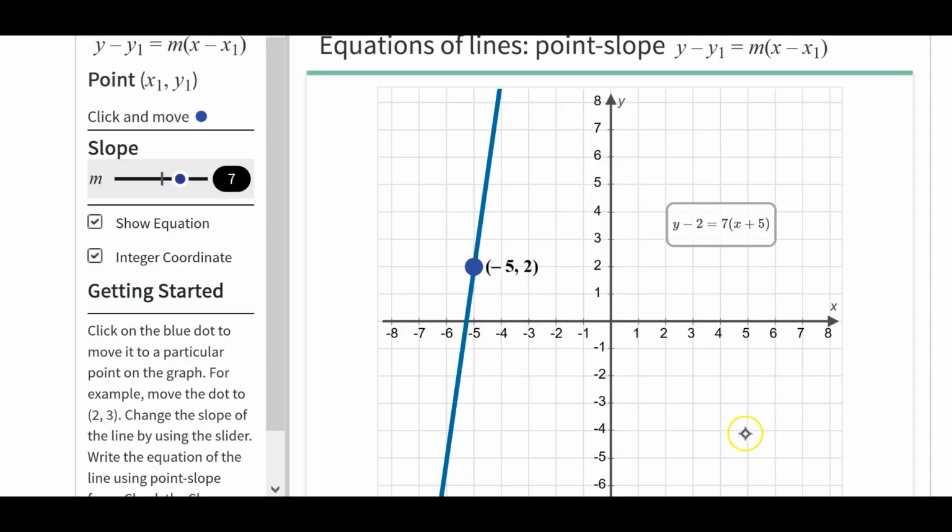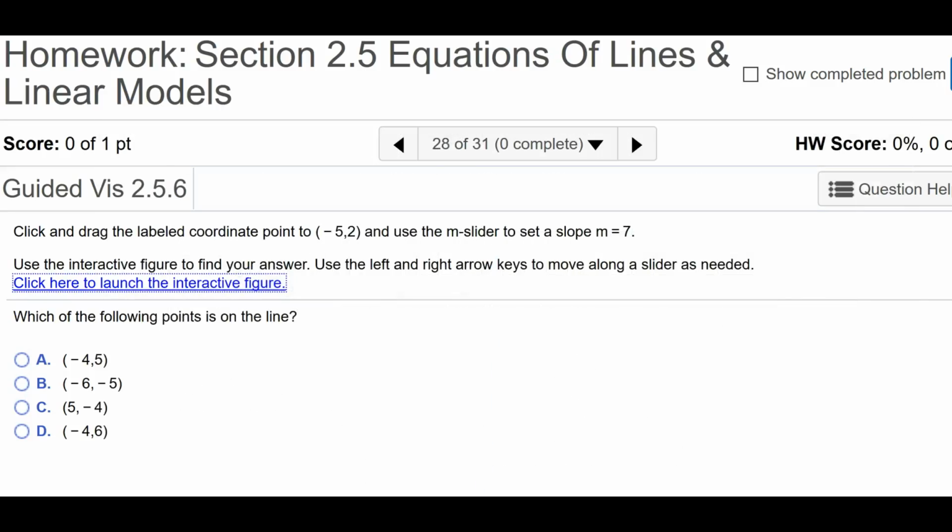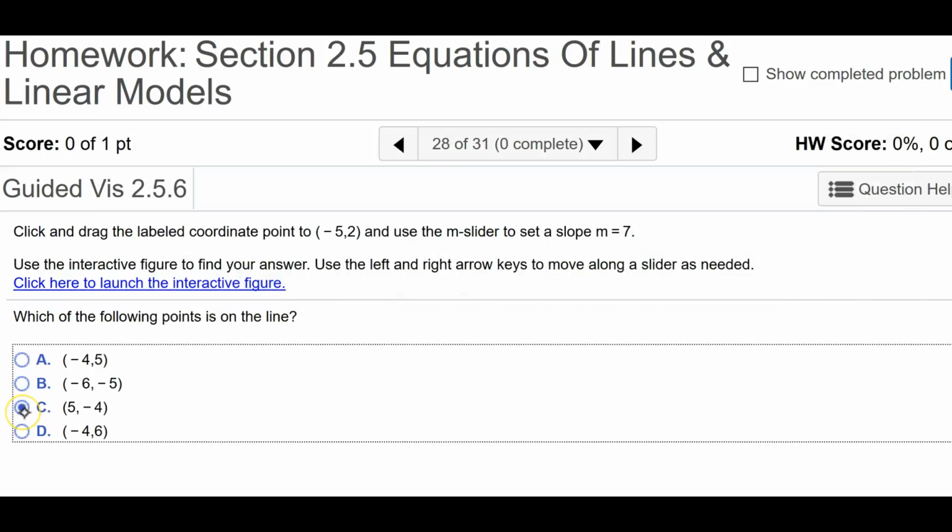That's obviously not even close. Okay, so our choice C, -6, -5, is what we want, and we will X out of or back out of this interactive figure and go fill in choice C.